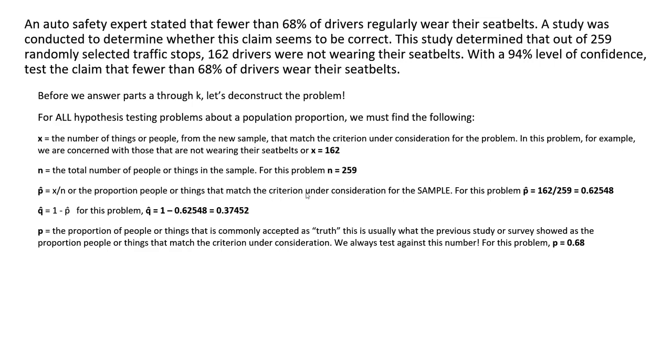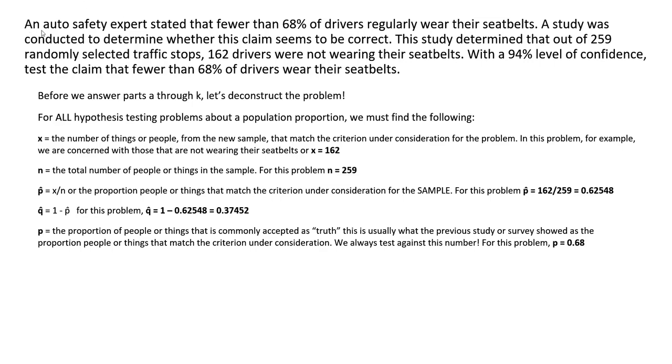P is equal to the proportion of people or things that is commonly accepted as truth. This is usually what a previous study or survey showed as the proportion of people or things that match the criterion under consideration. We always test against this number. For this problem, P is equal to 0.68.